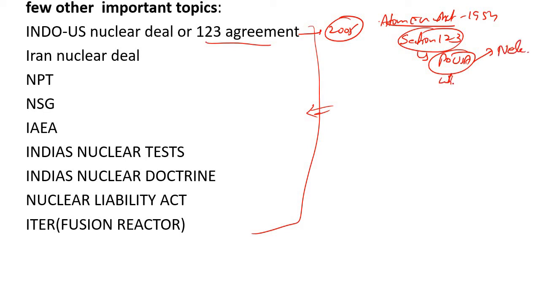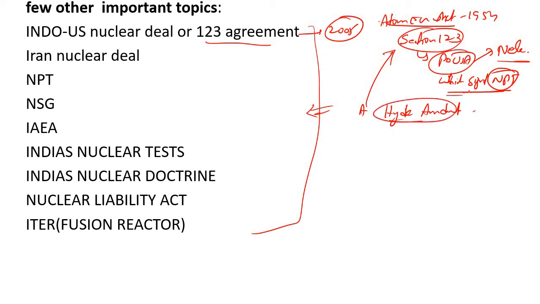But this clause is important: NPT signing was compulsory for those countries, and if the president is satisfied, for those who have signed NPT, he can transfer nuclear technology. But India didn't sign NPT, and India said we won't sign NPT. Because of that, USA amended their domestic law, the Atomic Energy Act. For that, the Hyde amendment was made, and it said that for India, signing NPT is not compulsory.